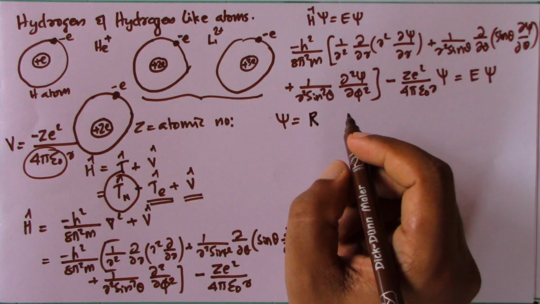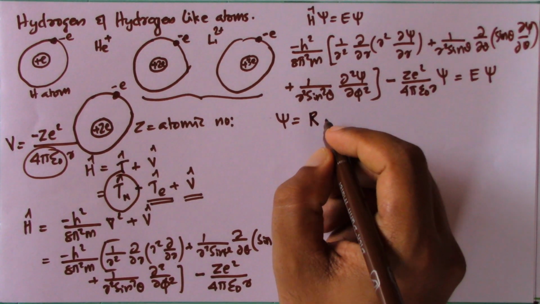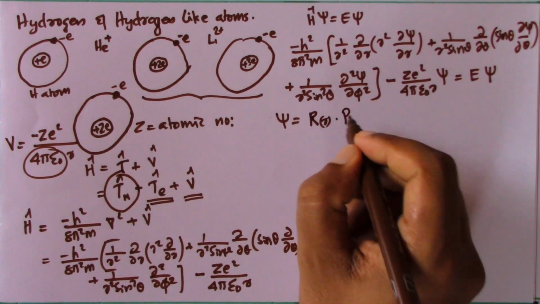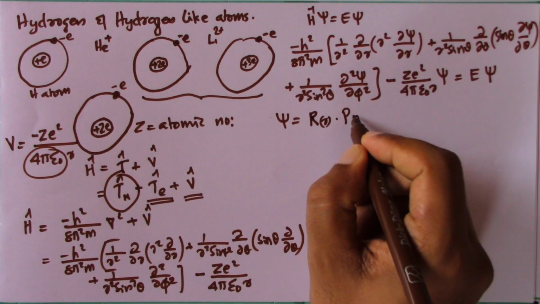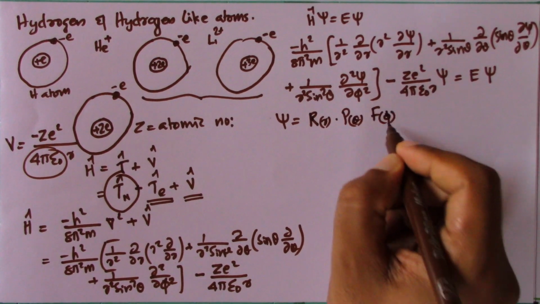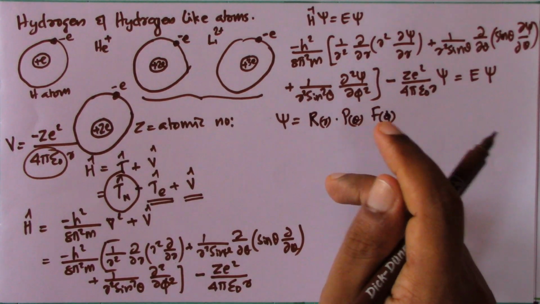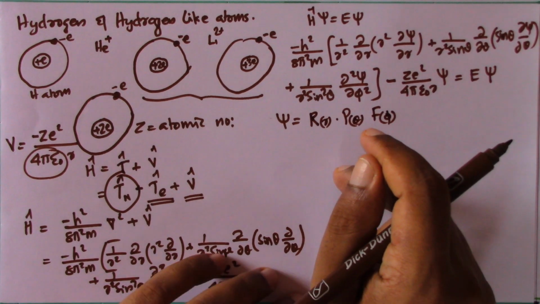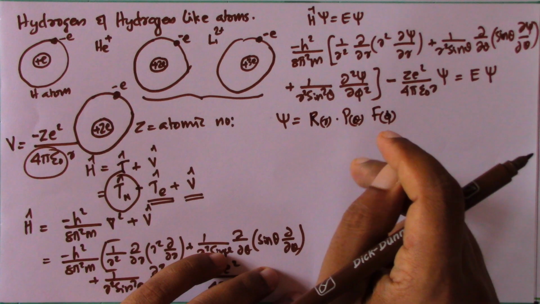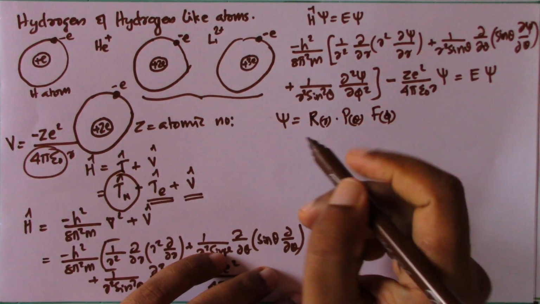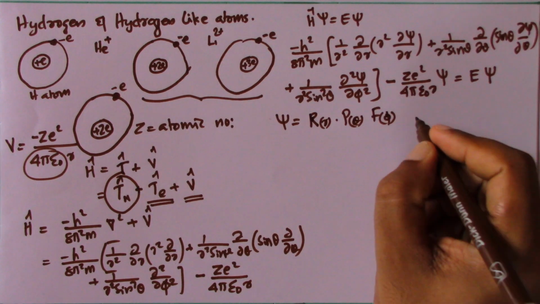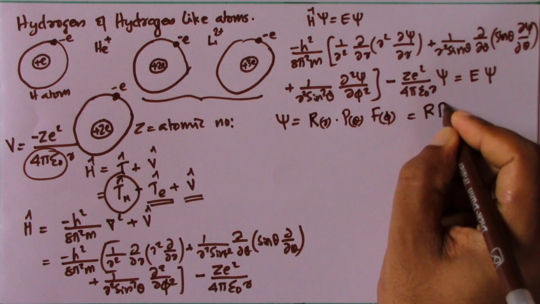The first function is capital R, and that capital R is a function of r. Then P, which is a function of theta, and F, which is a function of phi. You know this kind of mathematical operation because we have already learned these steps while learning the particle on a sphere. Okay, so psi is R P F.